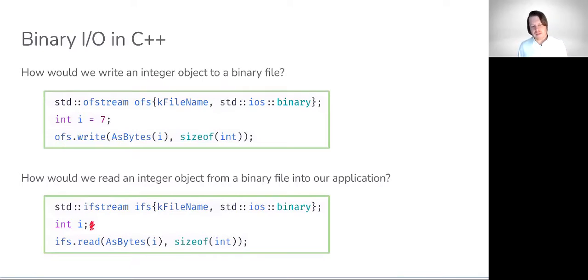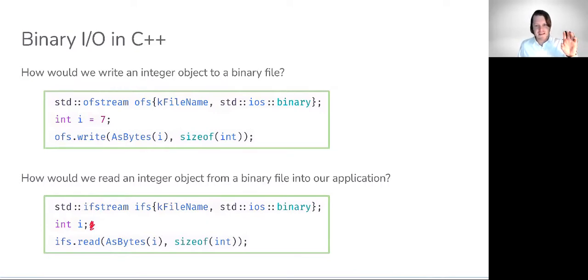To read from it, we'll bind ifs to the same file we just wrote to, and open it in binary stream mode. We'll have to specify an object that we'd like to read into. This is no different than when we were using the extraction operator to pull things out of, say, cin or an input file stream when we were using characters in plain text mode.